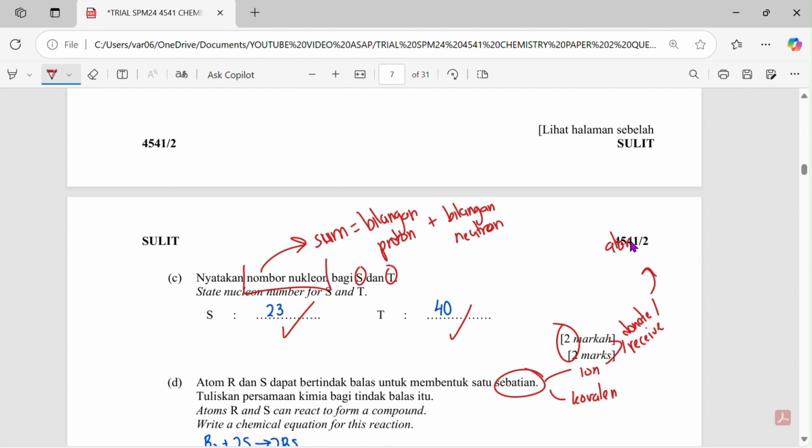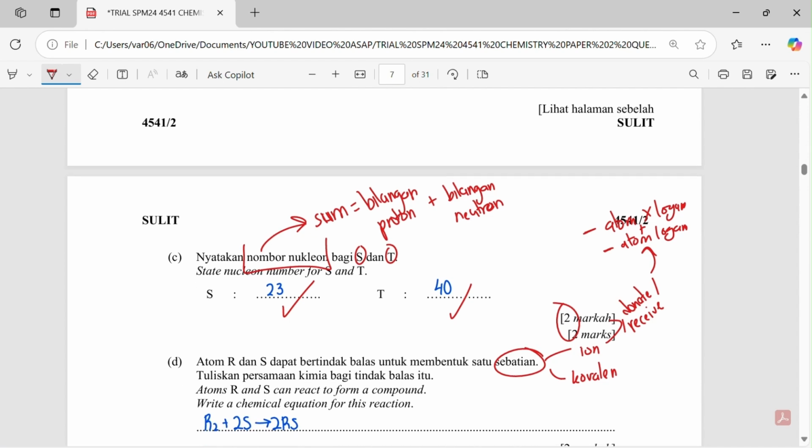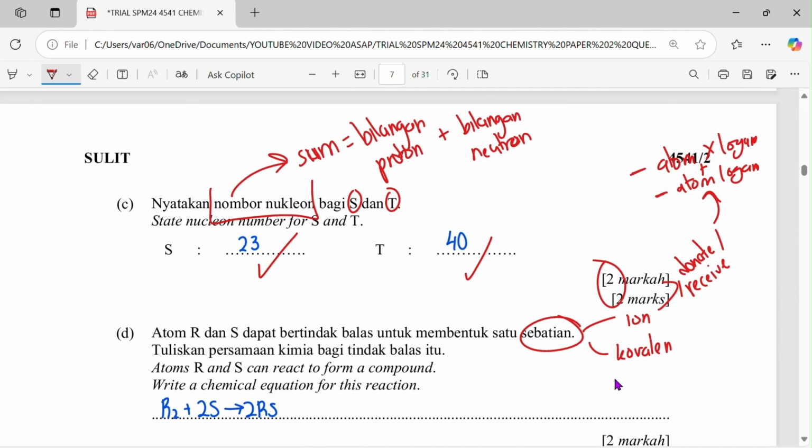It will form between atom bukan logam with atom logam, where atom bukan logam has a higher tendency to receive electrons, whereas atom logam has a higher tendency to give away, to basically donate the electron. Next, covalent. For sebatian covalent, they will basically share electrons, and this will form between atom bukan logam with atom bukan logam. Alright?